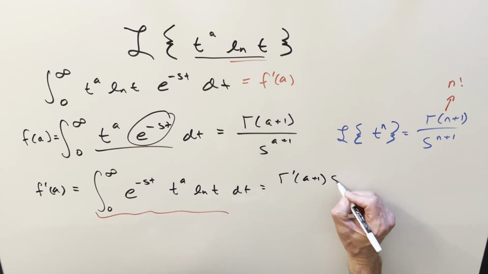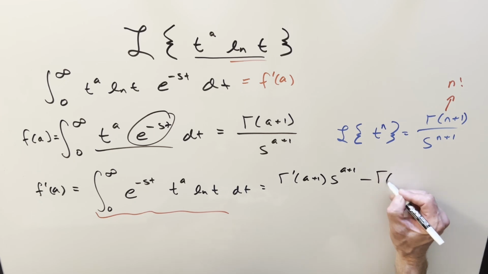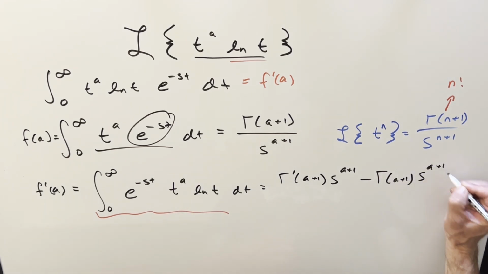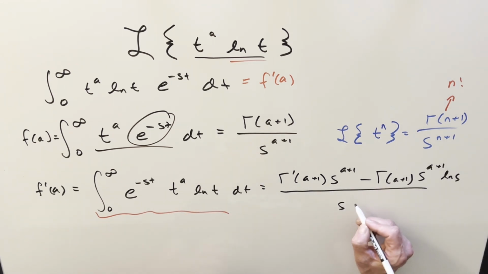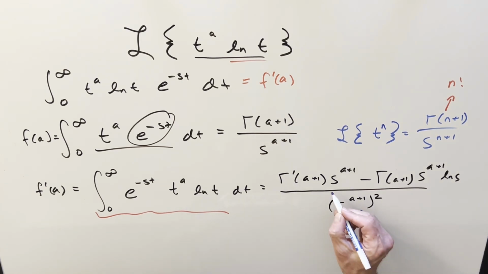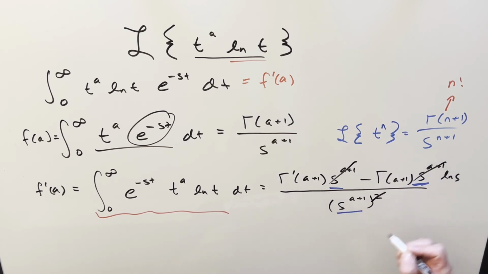Then we bring down the denominator, minus the reverse, which is gamma of a plus 1 times the derivative of this, which is s to the a plus 1 times natural log of s. Then we need the denominator squared, all just using the quotient rule. Then we need some quick algebra. We've got something in common, we could factor it out or do it however you want, but all this is in common. So cancel, cancel, cancel one of these here.